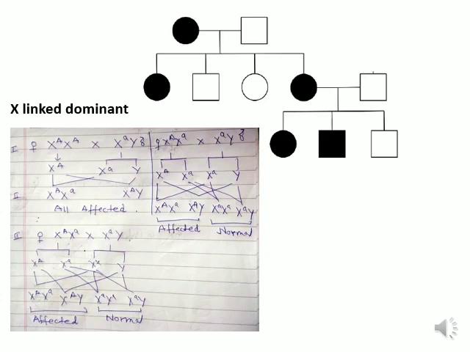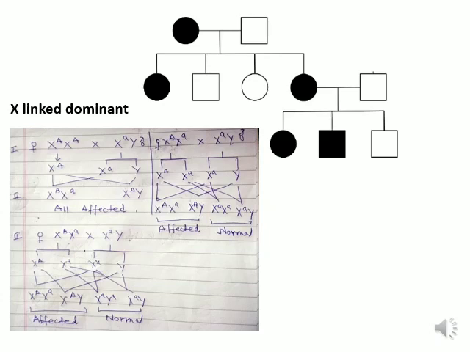Here we find daughter to daughter and daughter to son. So it is 100% X-linked dominant, not autosomal dominant, because in the summary we learned that when the trait passes from father to son, it is autosomal dominant, but here it is passed from the daughter to the son and the daughter. It is X-linked dominant.